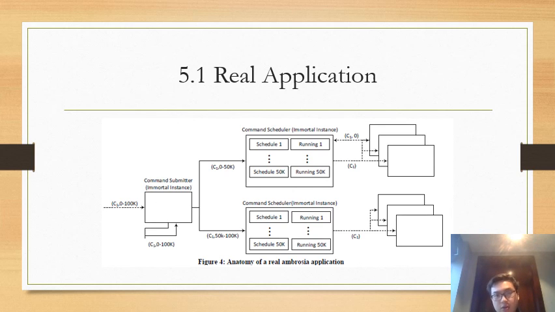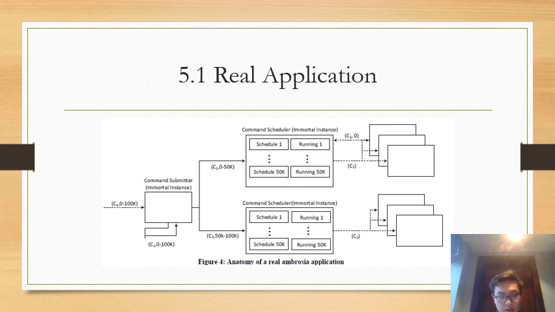In figure 4, it is an overall arrangement of two services. They are command submitter and command scheduler. Both of them are actually immortal instances. Command submitter will satisfy the overall load and simply hash partition the overall collection of machines.